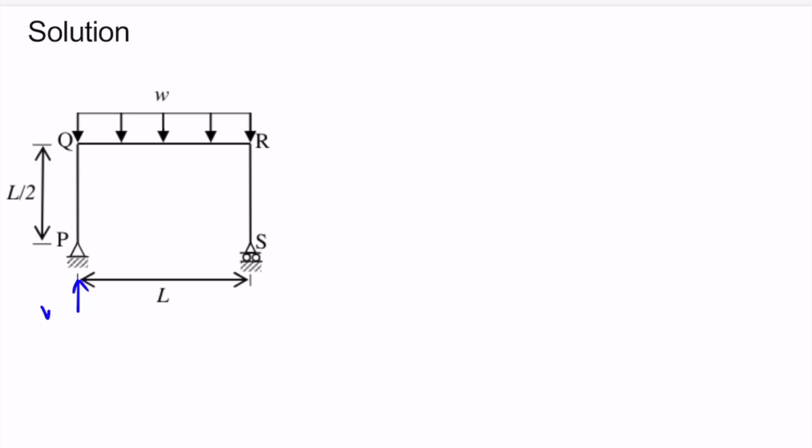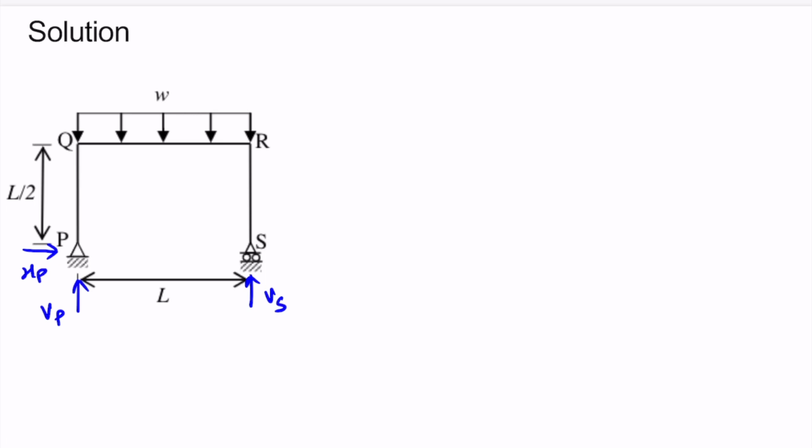Here it will be Vp, the vertical reaction at P. Here it is HP, horizontal reaction at P. Here it will be Vs, vertical reaction at S. There will be no horizontal reaction here, because this support S is not restrained against horizontal movement. So these are all the possible reactions.